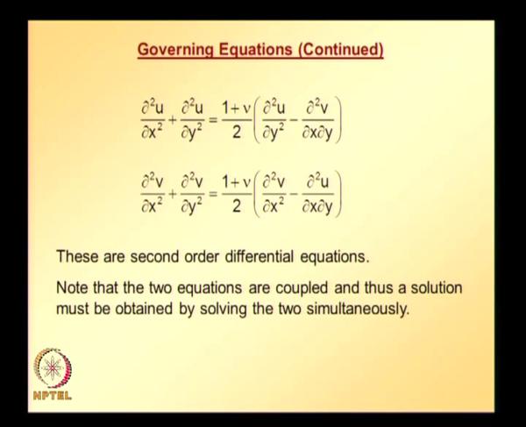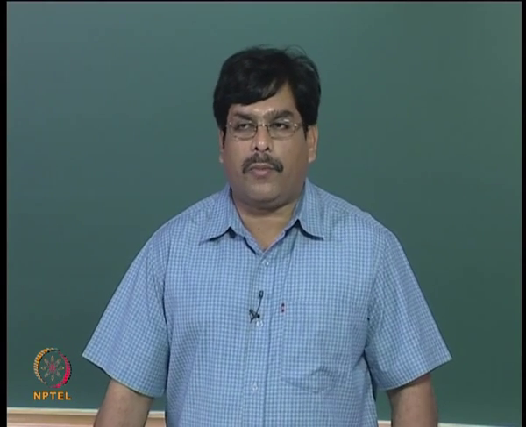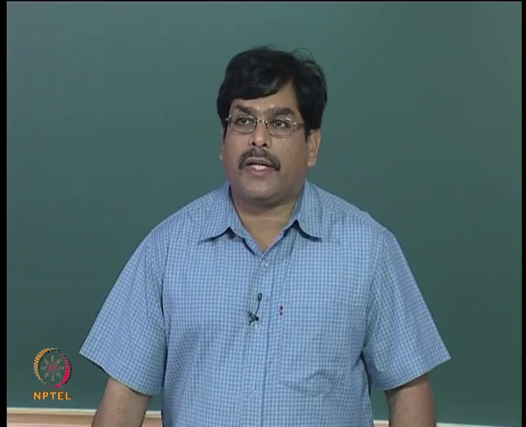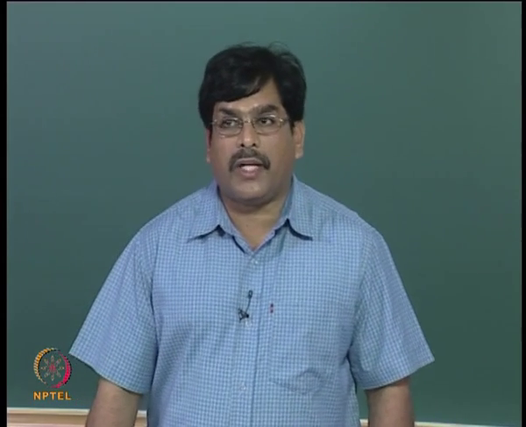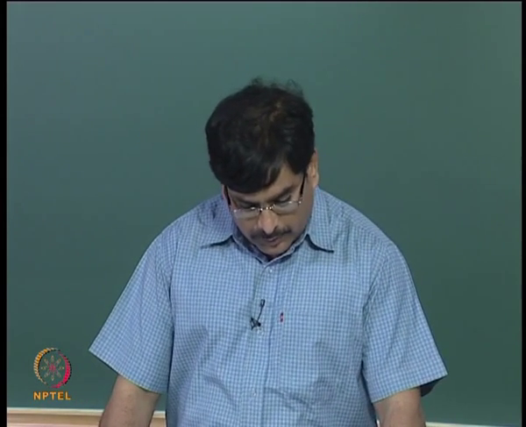Since these differential equations are of order 2, those boundary conditions of order 0 are going to be essential boundary conditions, and those boundary conditions of order 1 are going to be natural boundary conditions.